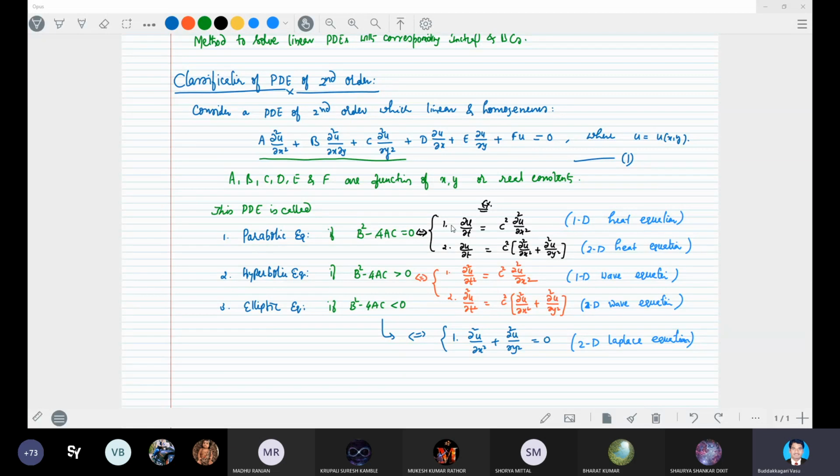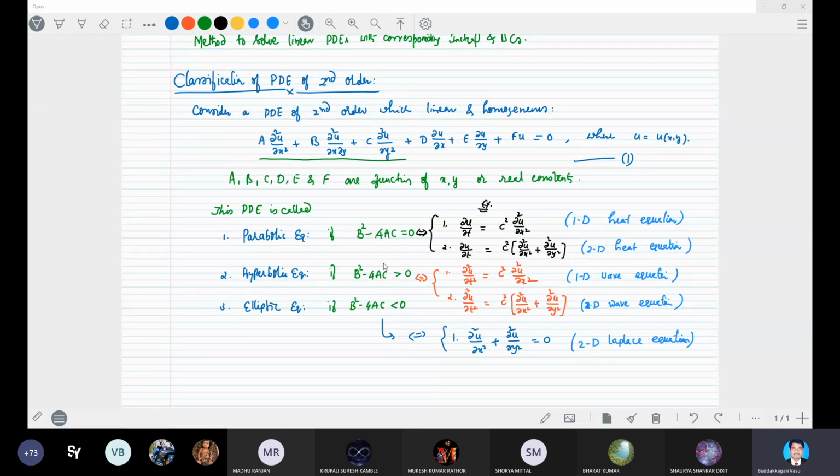For the parabolic equation, the examples are the heat equation, given by dou u by dou t is equal to c square into dou square u by dou x square, or in the two-dimensional one, dou u by dou t is equal to c square into dou square u by dou x square plus dou square u by dou y square.